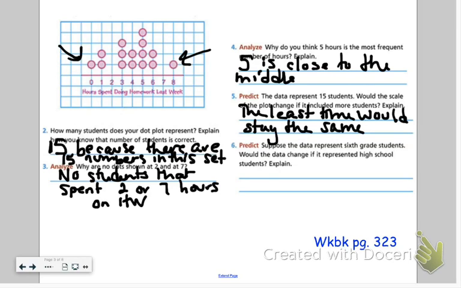But the greatest time could potentially change. Maybe we interview or survey more than 15 students, and maybe there's somebody out there who's done 9 hours of studying or 10 hours of homework. So I guess the greatest number could potentially change.